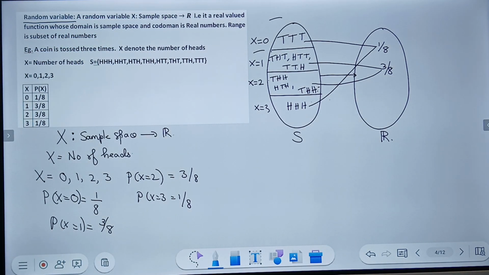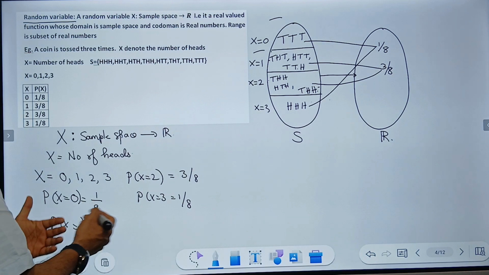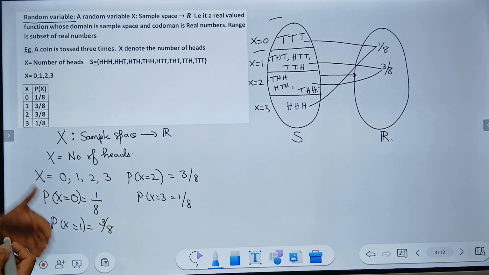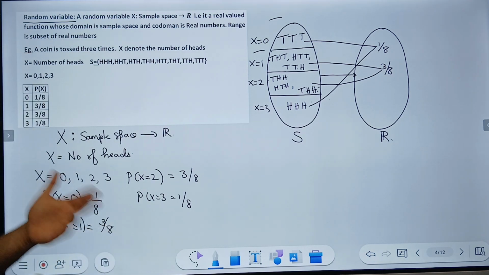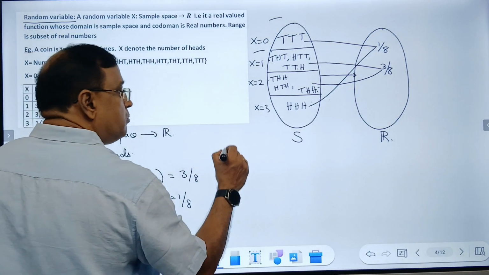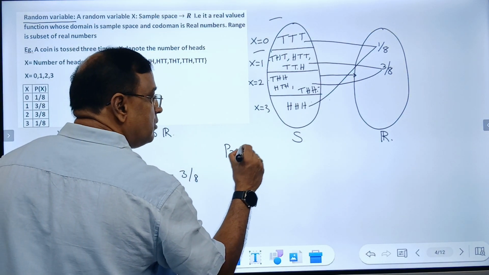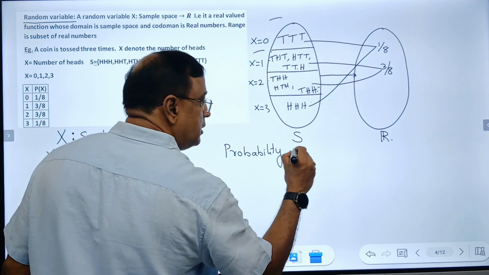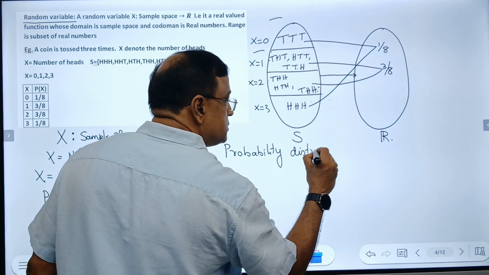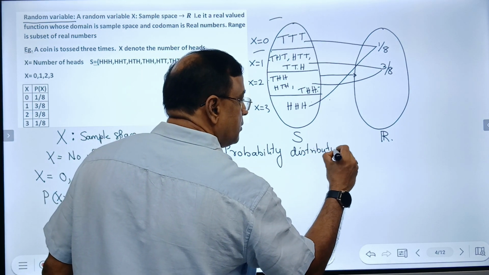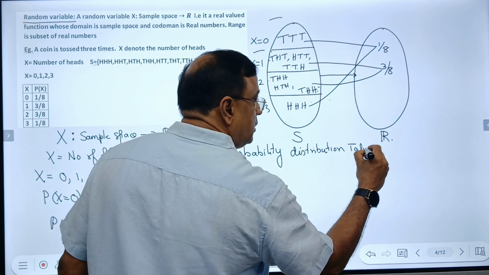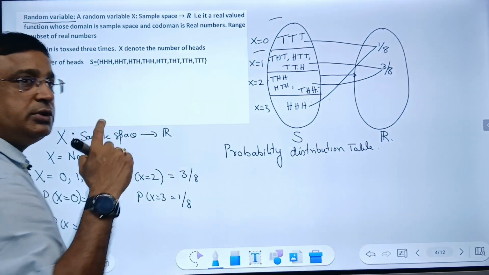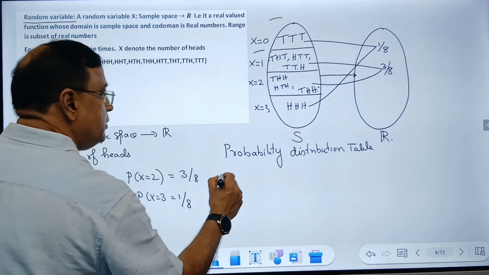Now the next word which is going to also get associated with a random variable is called probability distribution table. Now what is this probability distribution table? It's very simple.